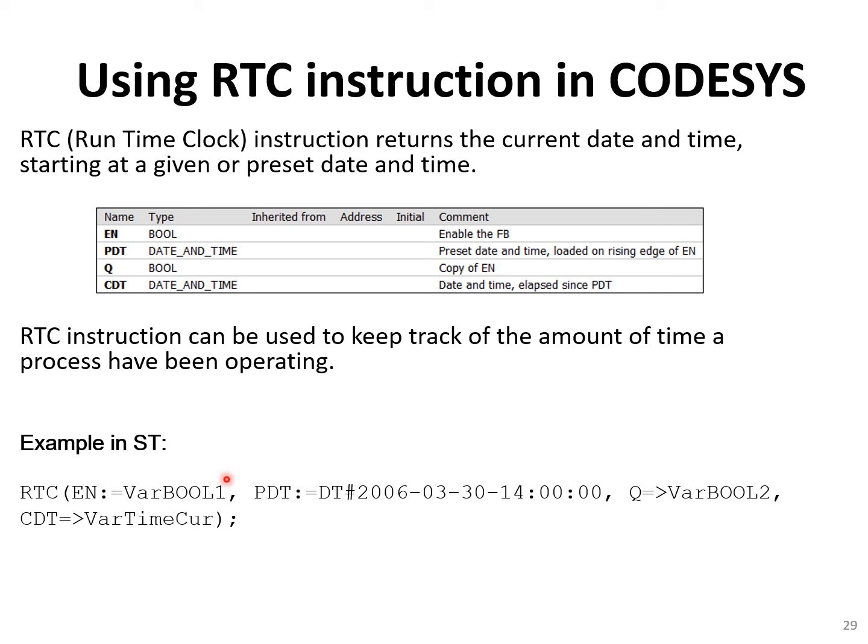In the structure, we have the enable bit, we have PDT, or predefined time, we have the output, and we have CDT. CDT is the date and time elapsed since PDT.